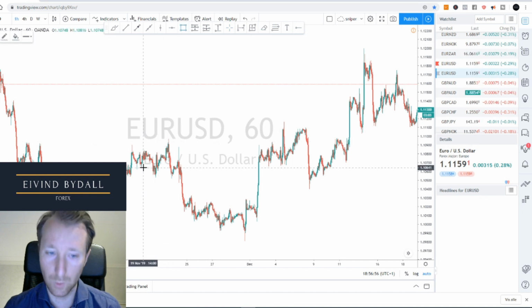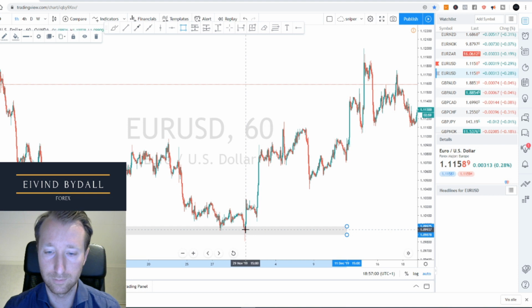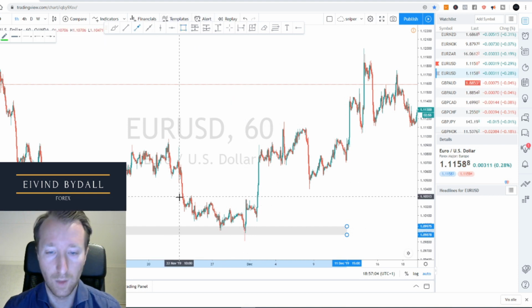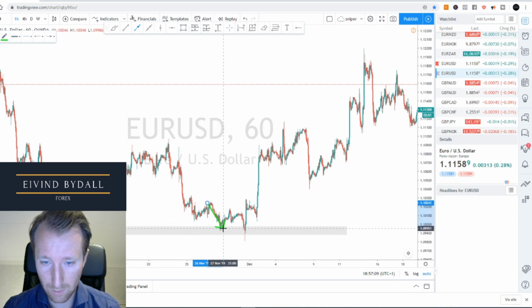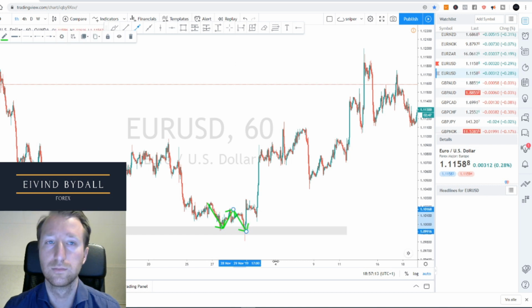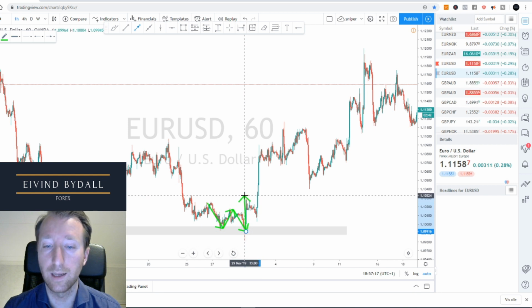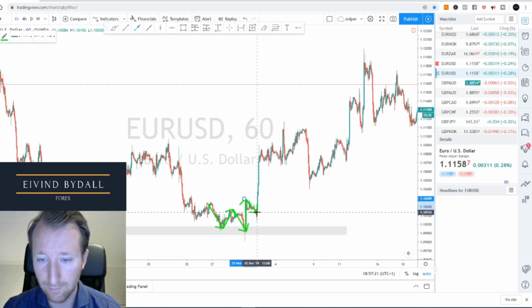What was the first rule? Support. Is this support? Yes, it is support. Is this a double bottom? Yes, it is. Is this a higher high? Yes, it is. Is this a pullback?